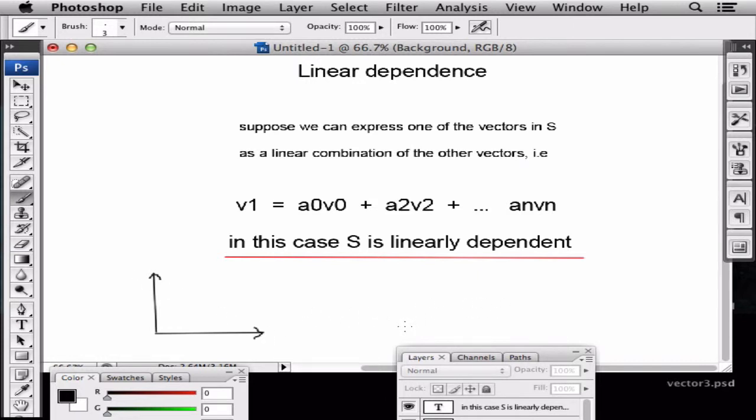But if we draw another example, which is linearly dependent: we have two vectors that have the same direction, like this, and then another one like this.